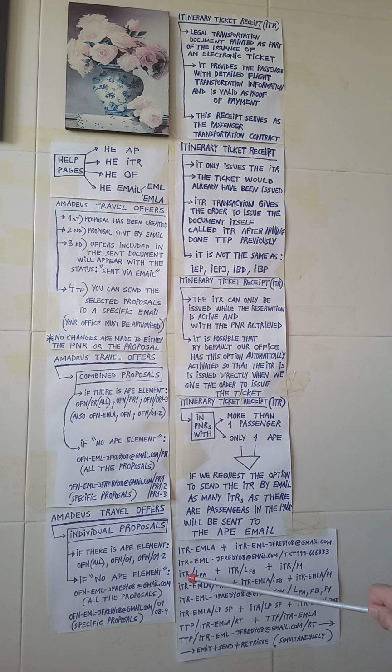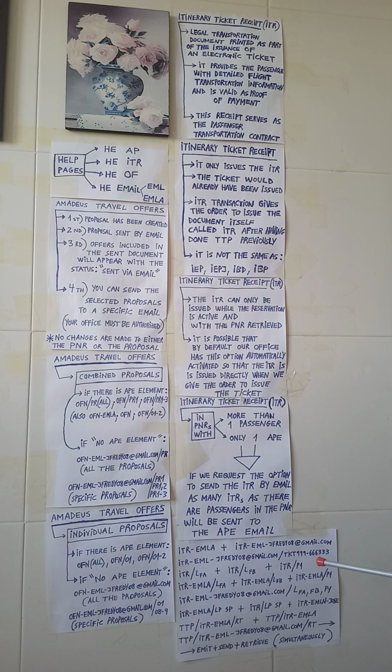In these two transactions, we need to write the line or segment number of the PNR after the slash. That is, you write the line or segment number and do not write LFA or LFB.